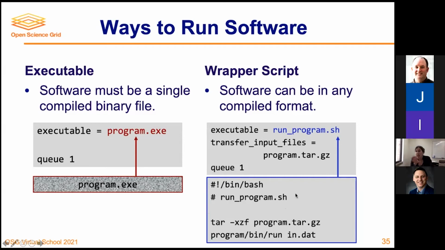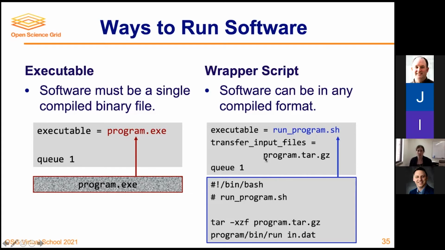This is exactly what I did in the R demo. I unzipped my R installation tarball, I set the path, and I ran my code. That's exactly the kind of thing that goes into this script. And then that script becomes your executable, and any software or data components it uses get listed in transfer input files.